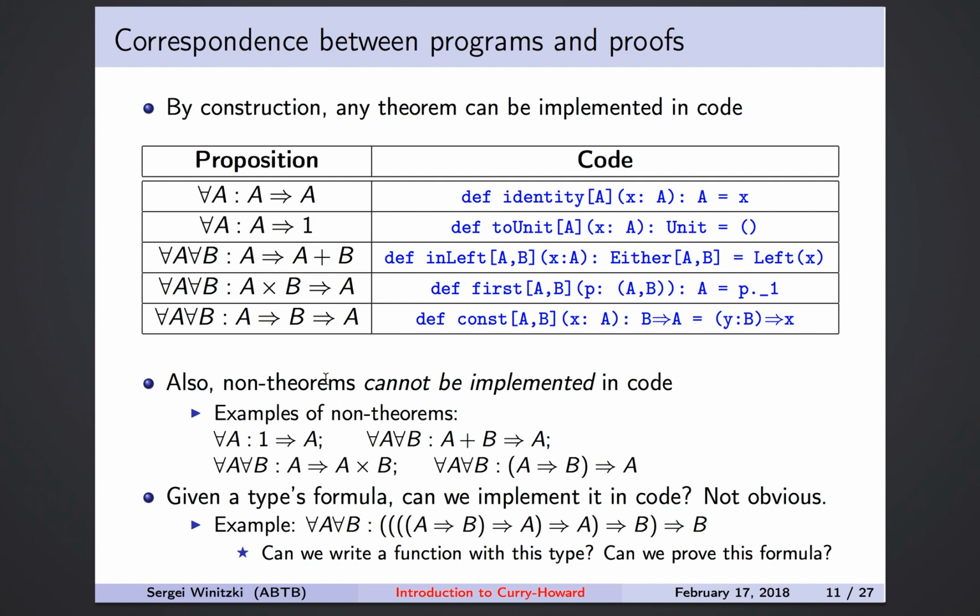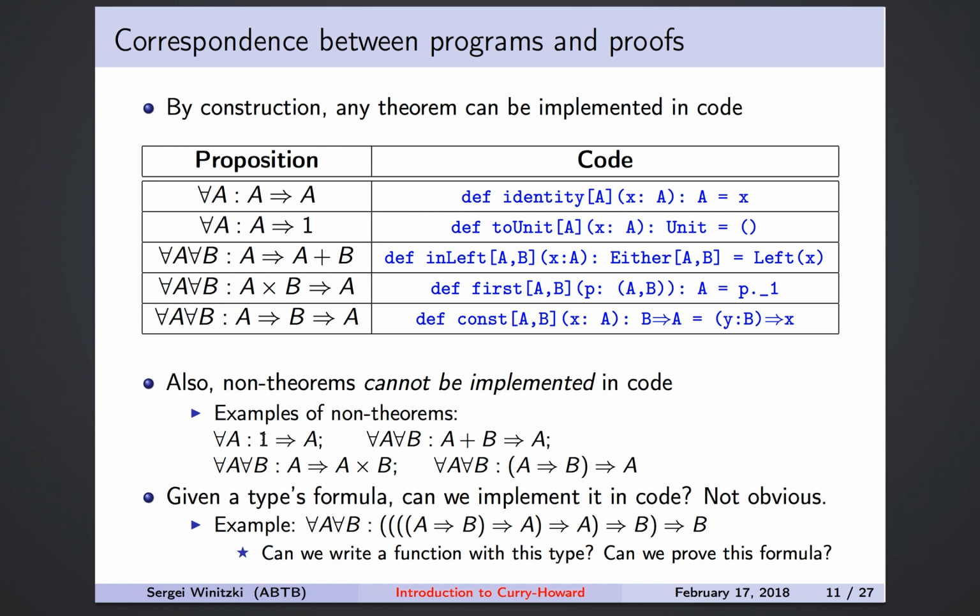Importantly, non-theorems cannot be implemented in code. So non-theorems are statements in logic that cannot be derived. Statements that are false or underivable. Examples of these statements are these. For all A, from 1 follows A. Now, this is certainly suspicious in terms of logic. What if A were false?